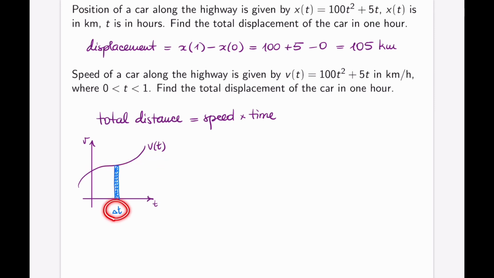So I can assume that, for example, for 10 seconds at a time, my velocity doesn't change, or 1 second, whatever time interval you're comfortable with. The smaller, the better. Now, that means that what I'm actually interested in is the sum of these little time intervals where the velocity over that time interval is in fact constant.